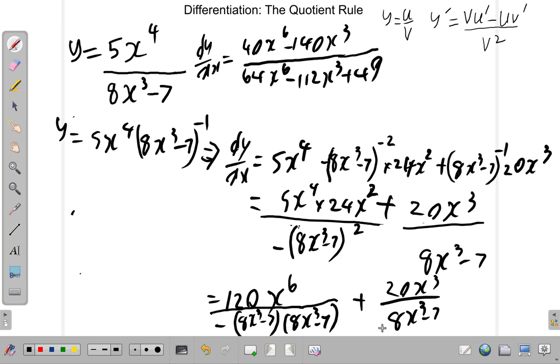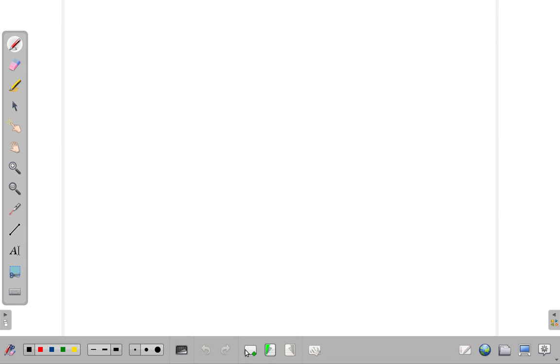Now, suppose we find the LCM of 8x cubed minus 7 times 8x cubed minus 7. We find the LCM of the denominator. Let's add another screen.